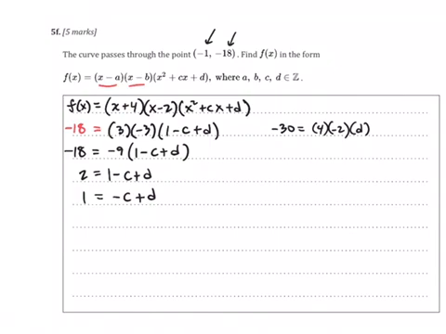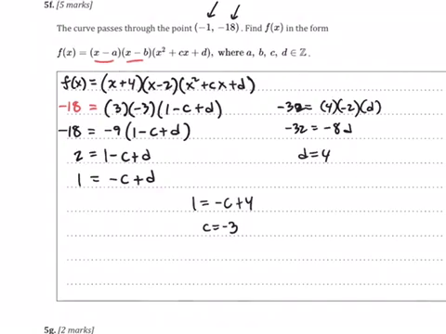Therefore, that should be a negative 32. So that's negative 32 equals negative 8 times d. So it looks like d equals 4. Therefore, if d equals 4, then 1 equals negative c plus 4. Therefore, c has to equal negative 3.